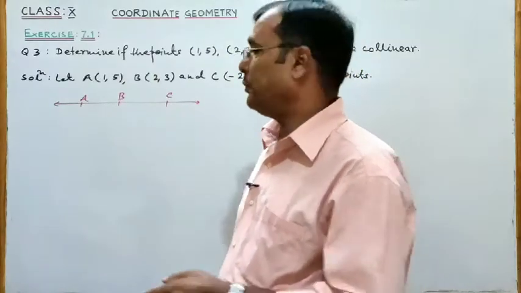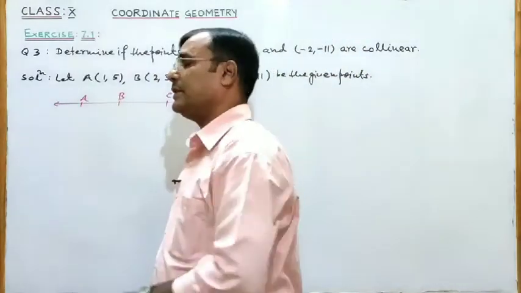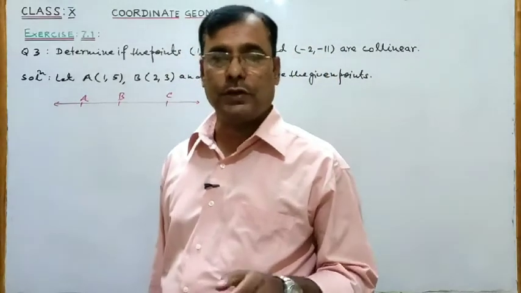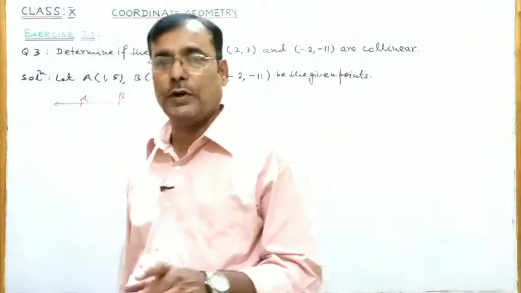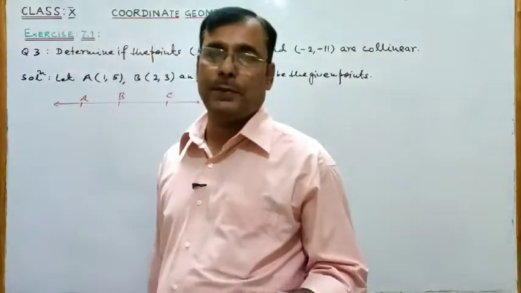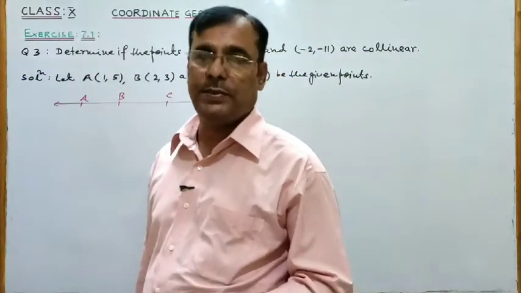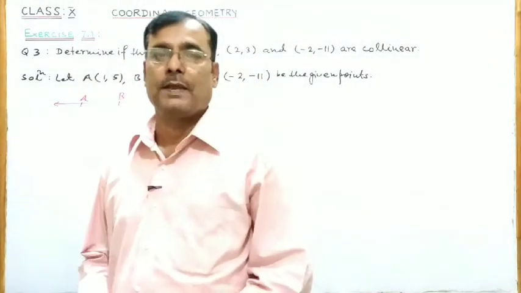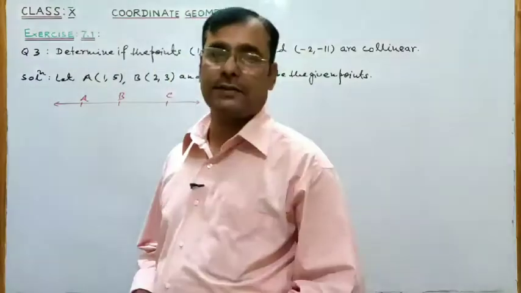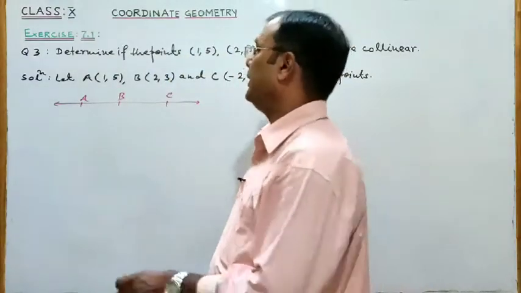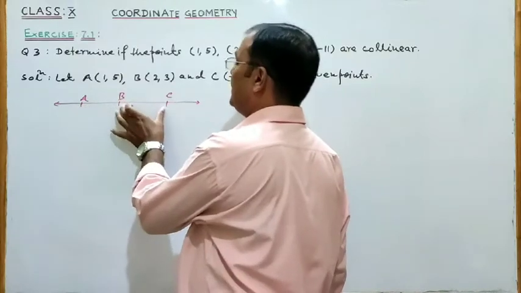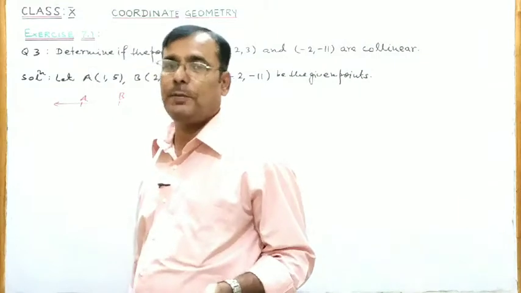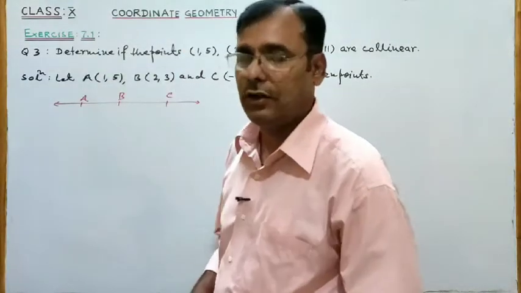If we change the positions of these 3 points ABC, then we can say that if BC plus AB is equal to AC, then 3 points are collinear, or AB plus AC is equal to BC, then also 3 points ABC are collinear. So here, using distance formula, we shall find out distance AB, BC, AC, and then we shall verify whether these 3 points are collinear or not.